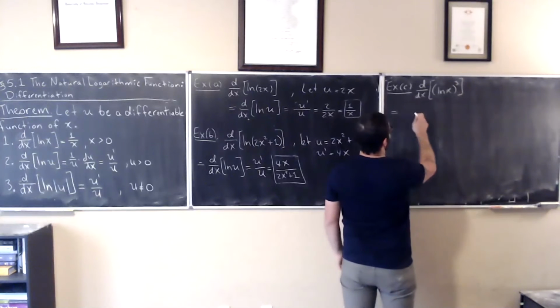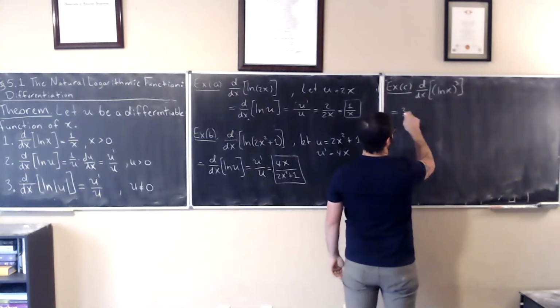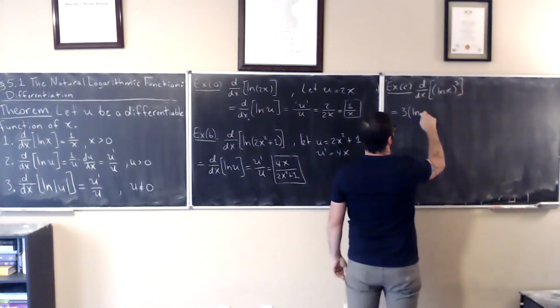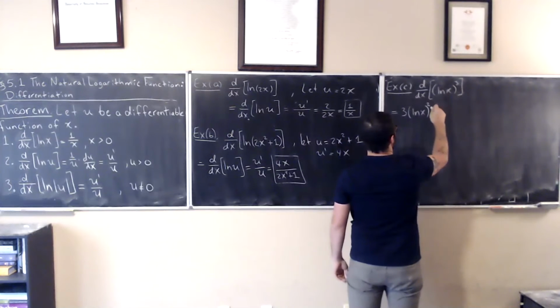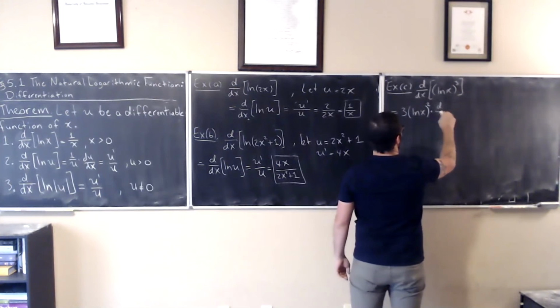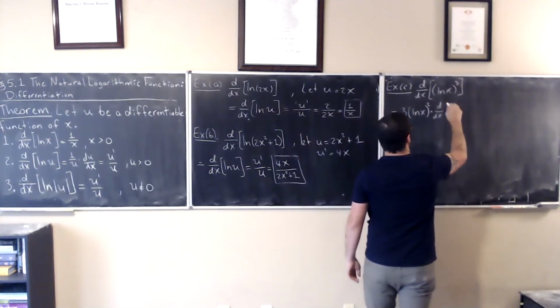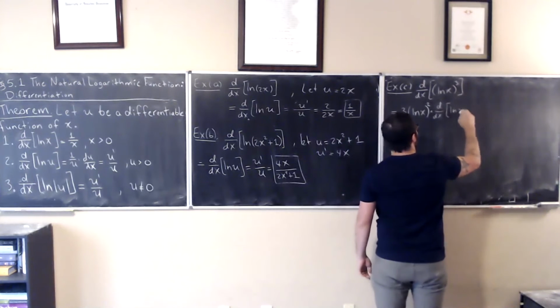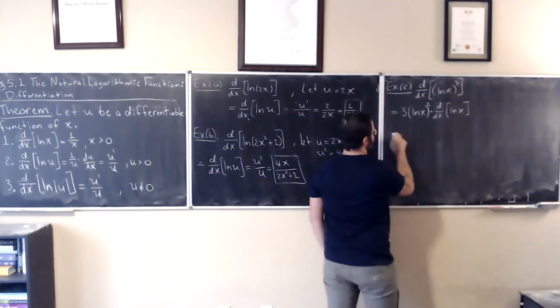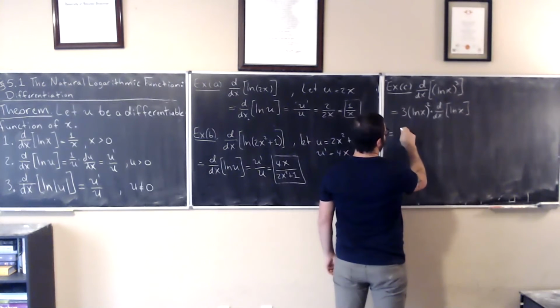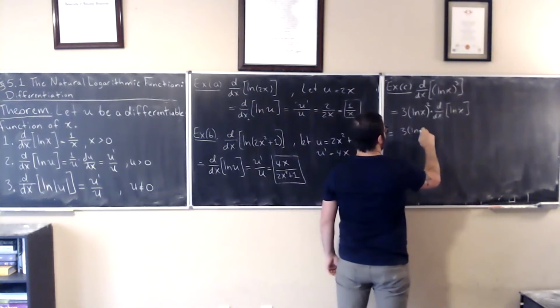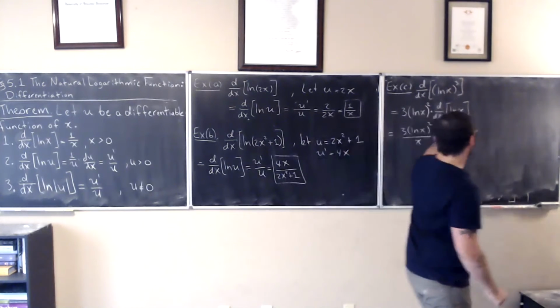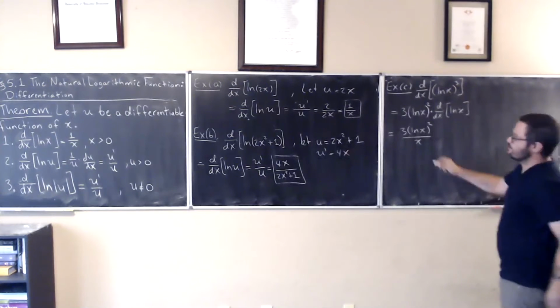So this will be the derivative of the outside, which is 3 times natural log of x all squared, times the derivative of the inside, and this becomes 3 natural log of x all squared all over x, because the derivative of natural log of x is just 1 over x.